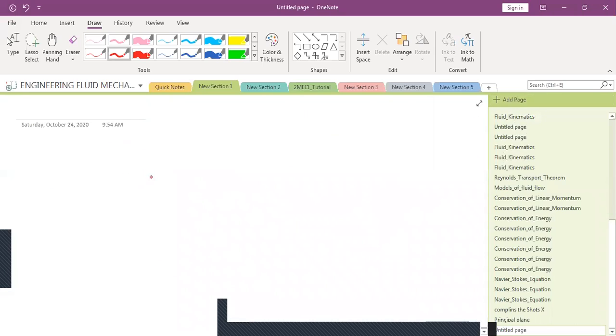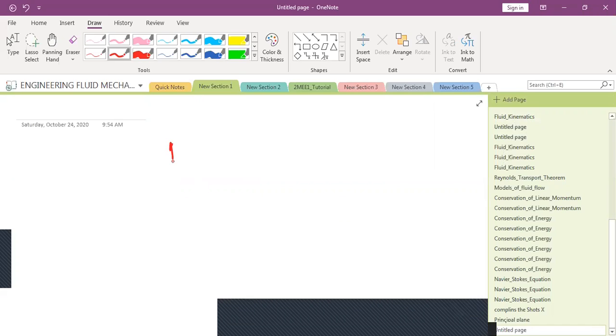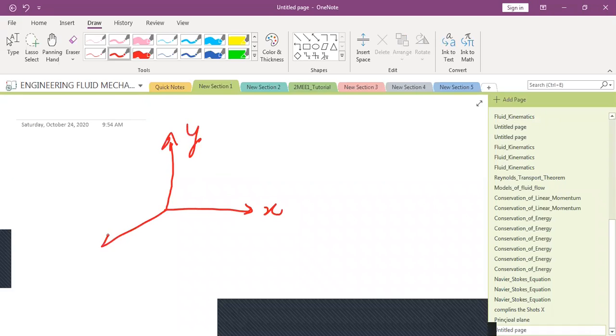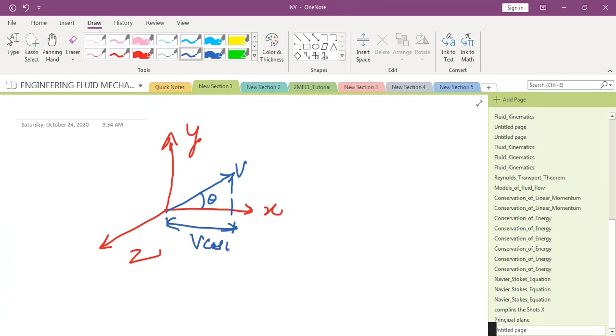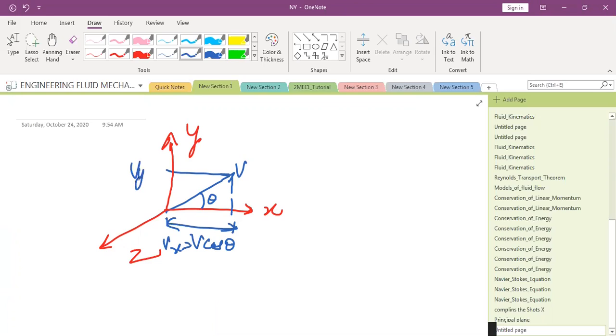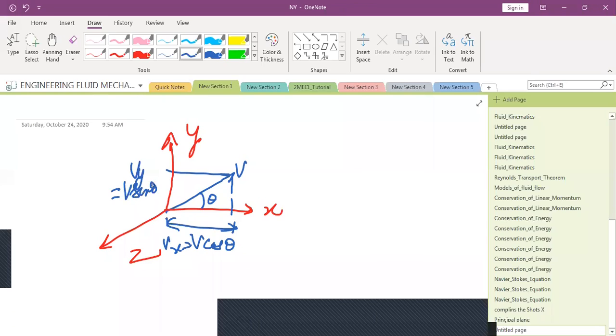I will give you one example of it. Say if I ask you, for instance, this is some coordinate system, say x, y, and say this is z. I have a vector defined like this, v. What are the components of this vector? V cos theta, that is Vx, and Vy is equal to V sin theta.